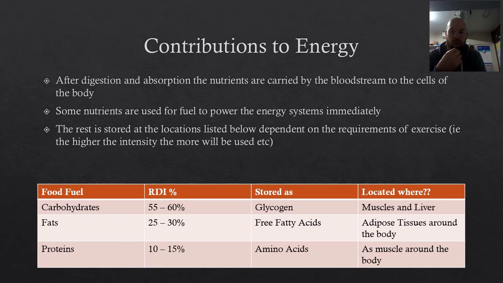So the majority of the energy that we get is from carbohydrates, that's the predominant food fuel that the body likes to use. About 55-60% of our intake comes from carbohydrates. Like I said, those get stored in the muscles and the liver. Fats equate to about 25-30%.